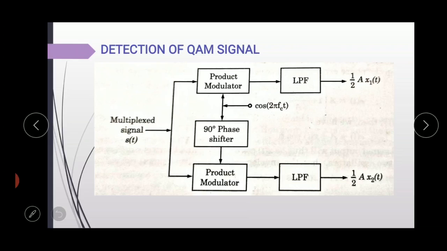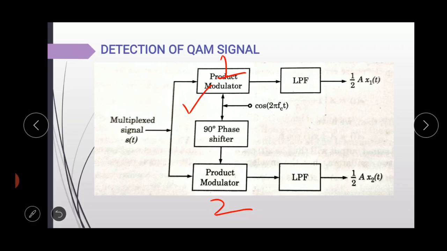Next is the detection of the QAM signal. This is the receiver section. The receiver section also consists of two product modulators, a local oscillator, and a 90 degree phase shifter with two low pass filters. The received QAM signal is given to both product modulators, that is product modulator 1 and 2. To the other input we give the output of the local oscillator directly to product modulator 1, and the 90 degree phase shifted carrier signal to product modulator 2.